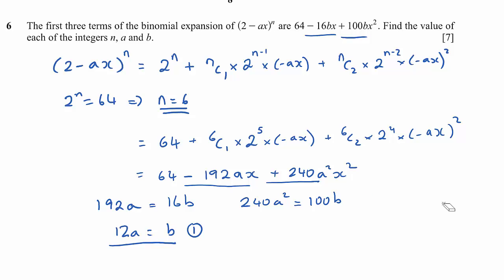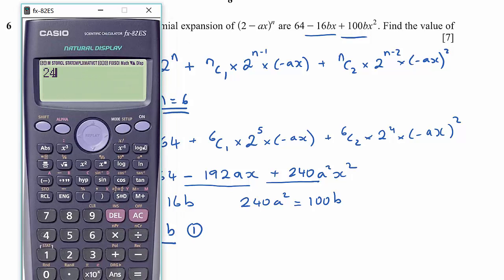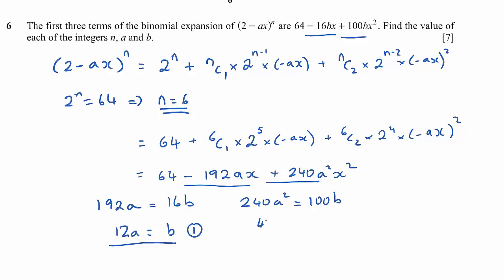So what would go into both of those? Certainly 5 would. So 240 divided by 5 is 48. So that's 48a squared equals, sorry, that was divided by 5, wasn't it?